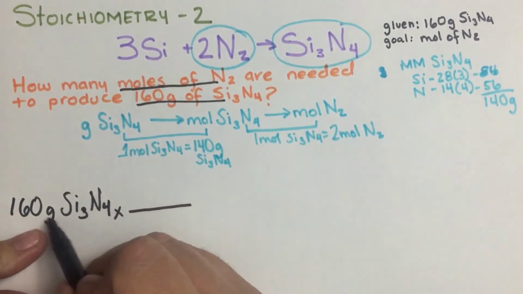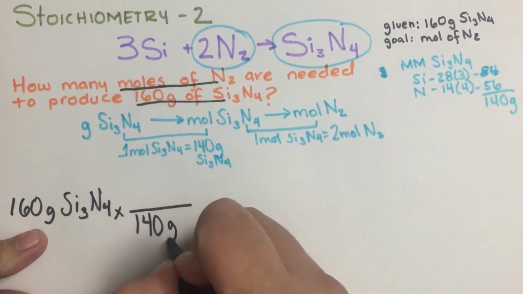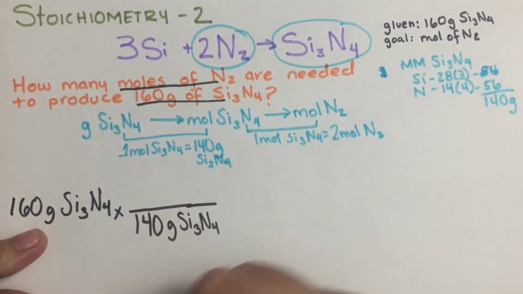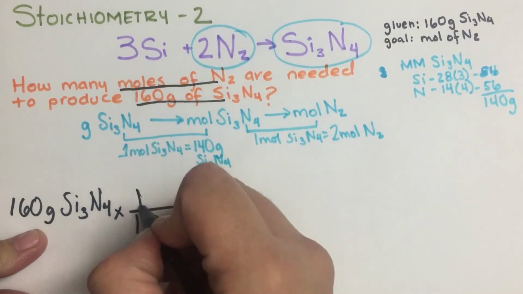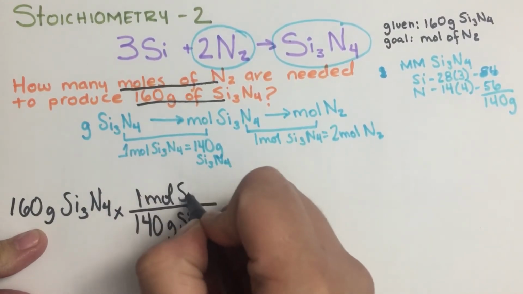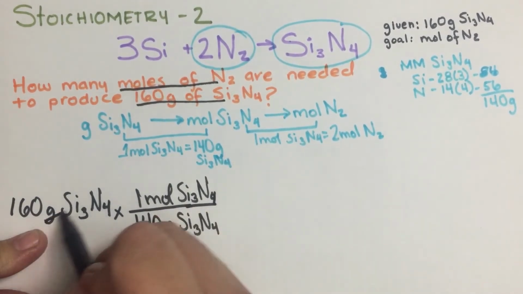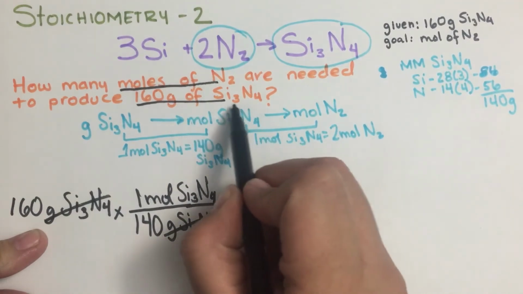The one that will cancel out what you have. So in this case, 140 grams of Si3N4, and on the top, the other part of your equality. Now you will cancel grams and you are in moles, which is the second part.